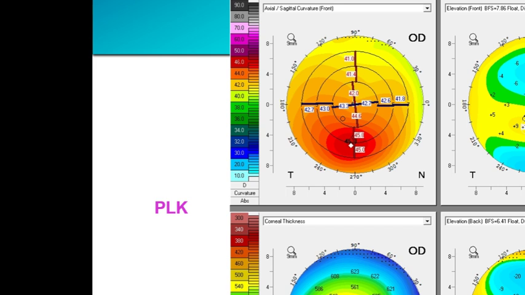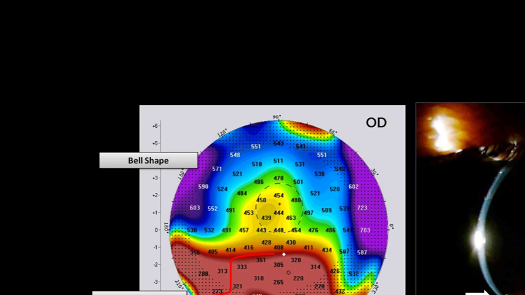In addition, in pellucid marginal degeneration, we cannot implant a ring in this area because there will be perforation unless there is sufficient tissue to avoid this problem. Okay? In addition, because the problem is inferior, even if we implant a ring here, the effect of the ring may be unpredictable, except in some cases.